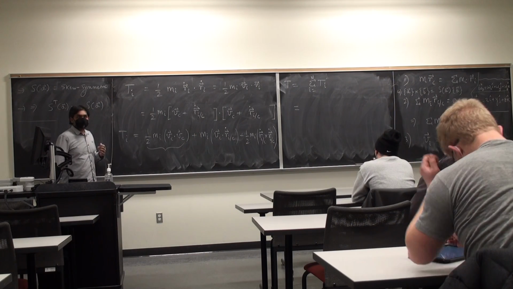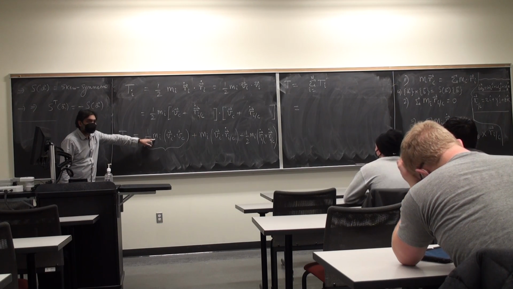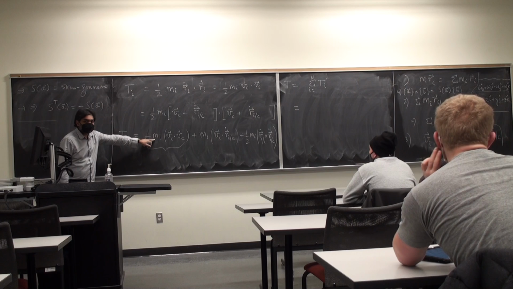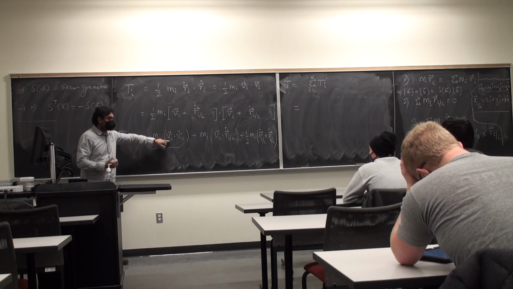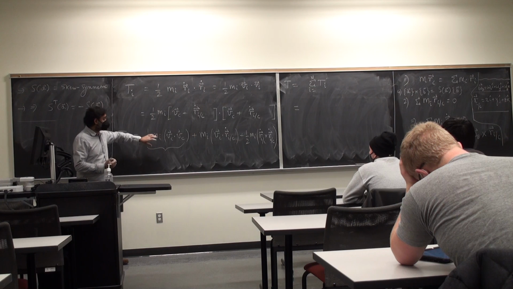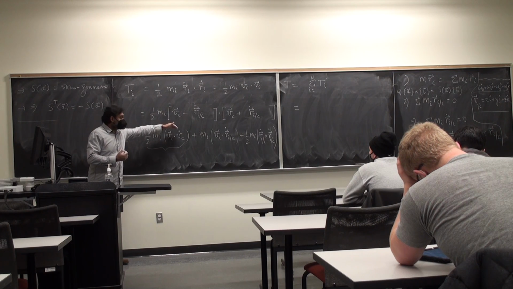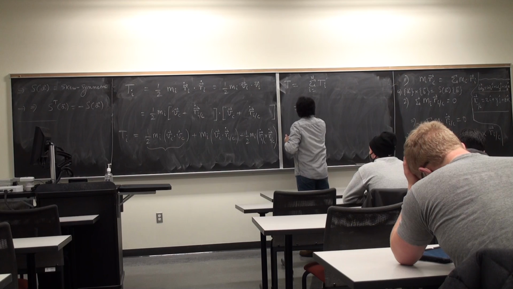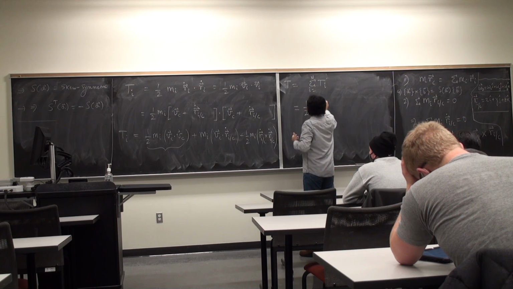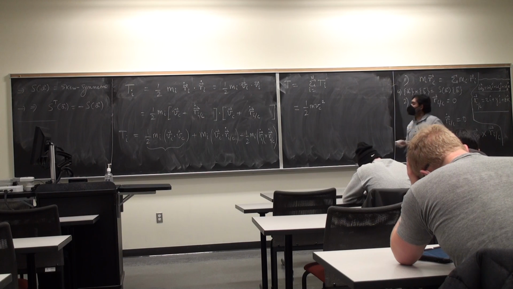First term: if I am summing over all the i indices, the mass is the only thing that undergoes a summation because the rest is not dependent on any i index. So this is just the summation of all the masses, that's the total mass of the system. Vc dotted with Vc is Vc squared. So this is going to be half M Vc squared. This is a term that you've always seen before, right?